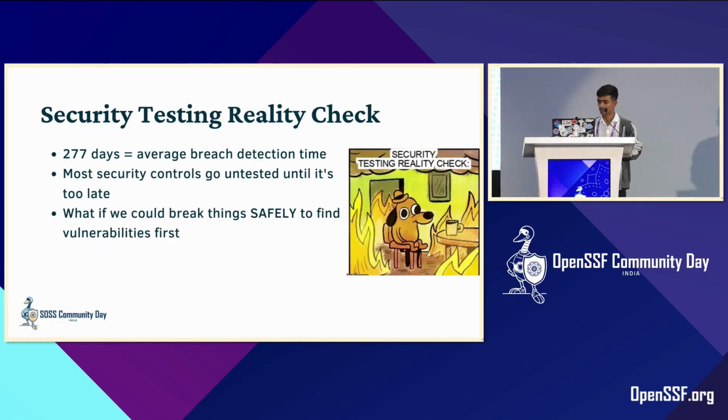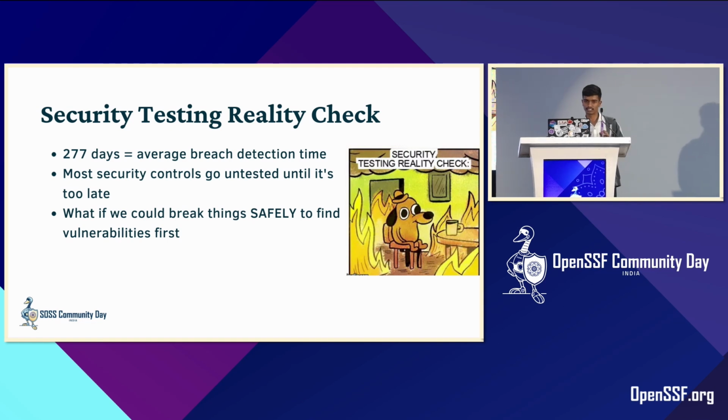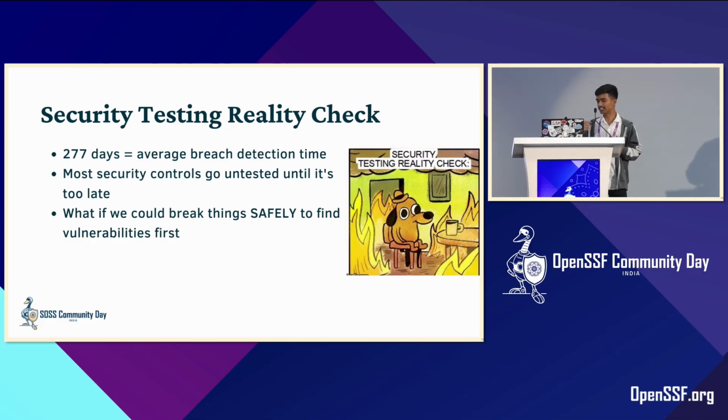So yeah, today we are going to talk about the average breach detection time. This is not according to my theories; I did research on ChatGPT itself. So the average breach detection time for security testing is 277 days, and most of the time, most security controls go untested until it's too late.